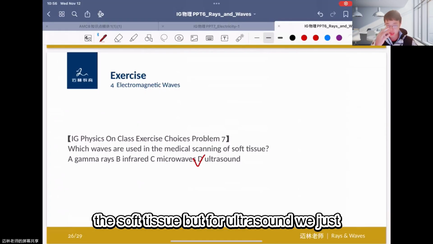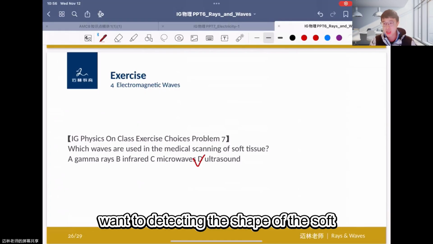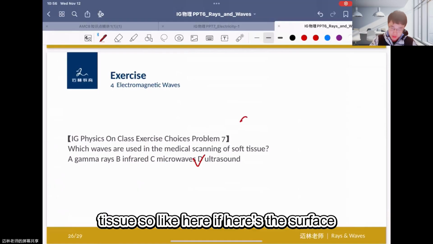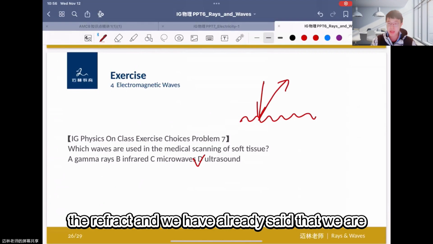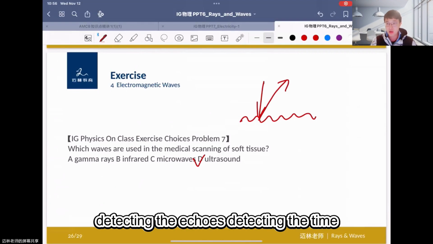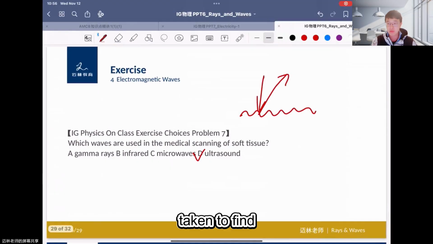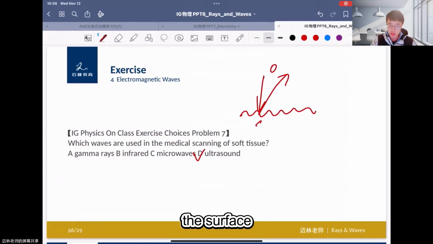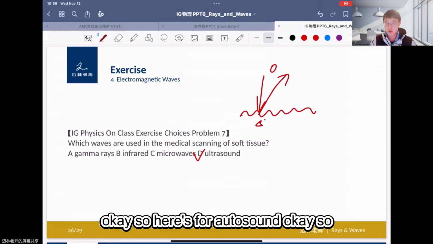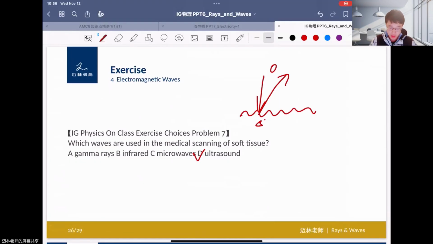But with ultrasound, we just want to detect the shape of the soft tissue. The ultrasound hits the surface and reflects back, and we detect the echoes and the time taken to find the true distance between the source and the surface. So here is ultrasound, and finally we choose D.